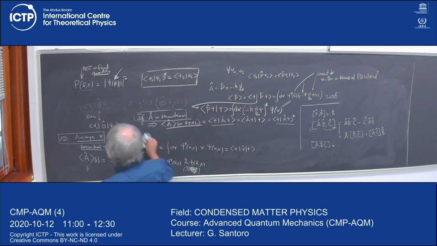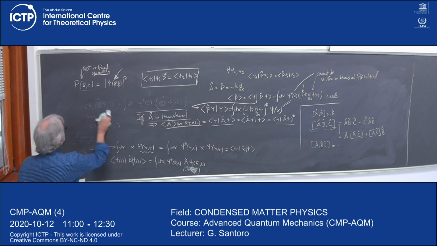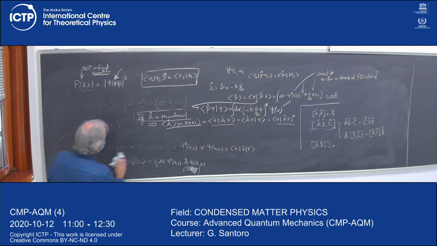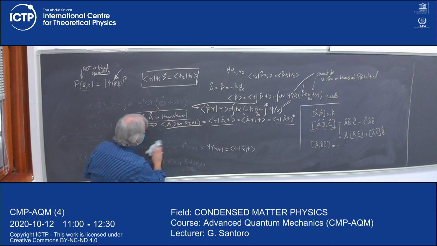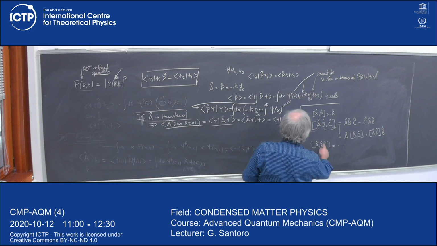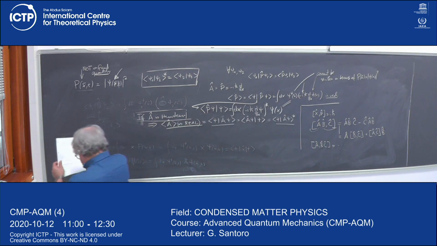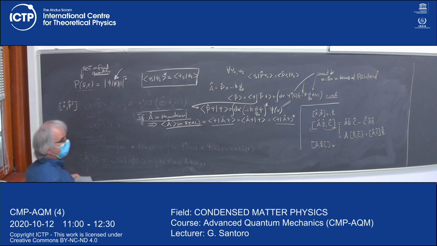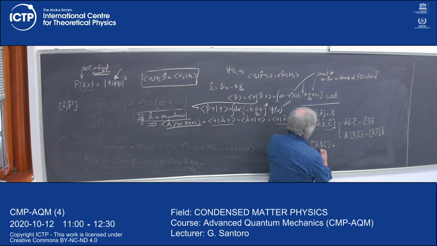What I was asking is to practice a little bit more with commutators. For instance, apply this type of rules to calculate the commutator of, say, x and p squared. So it is this rule that we have to add.